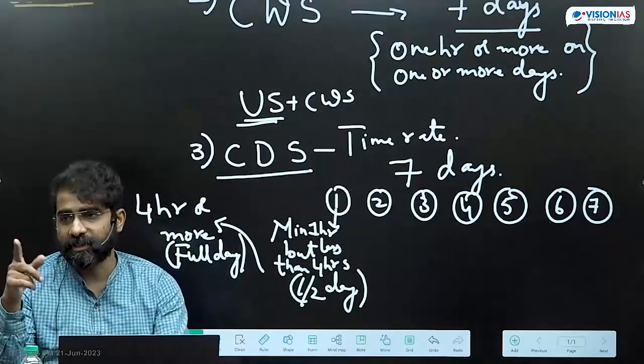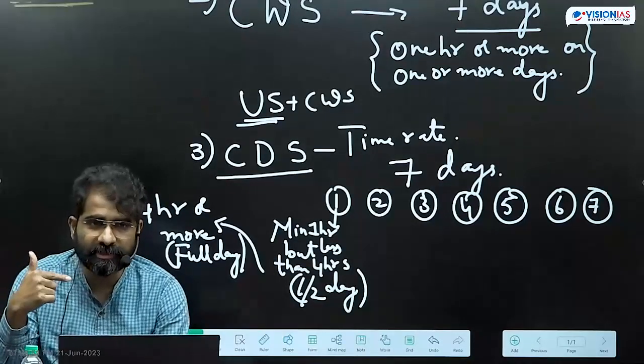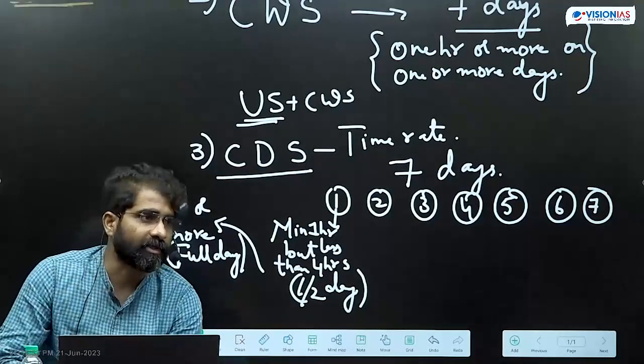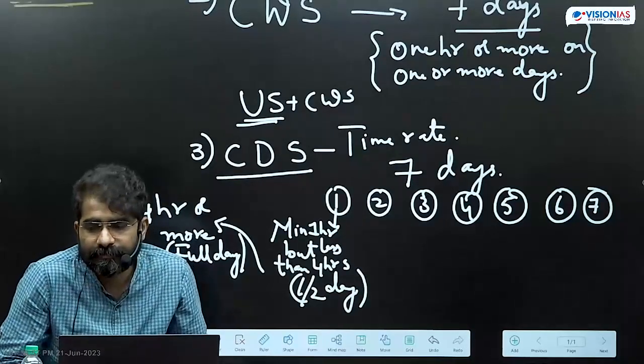It's an extension of the first one, and then 30 days as a criterion for subsidiary status. Is that clear? Okay, then put the heading current weekly status.